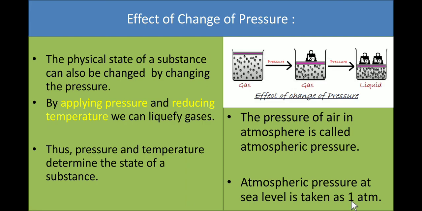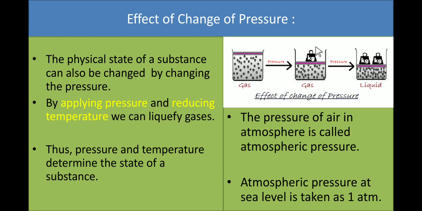To express the normal pressure, that is at sea level, we use 1 atmosphere, that is 1 atm. 1 atm is equal to 760 mmHg. Depending upon the height from sea level, the pressure changes. As we go above sea level, the pressure decreases.